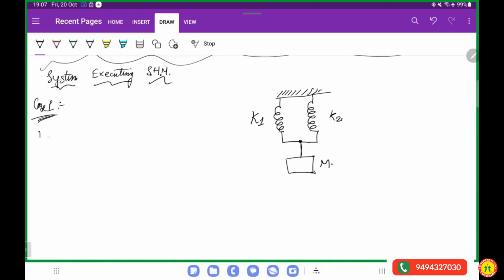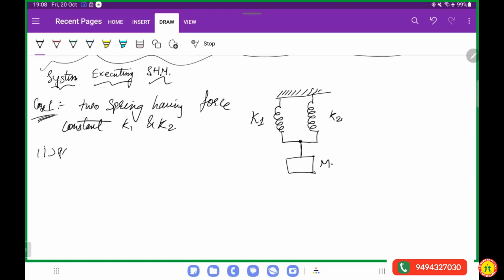So when it is joined like this in parallel, two springs having force constants k1 and k2 connected here, first one as parallel, that's what we drew here.